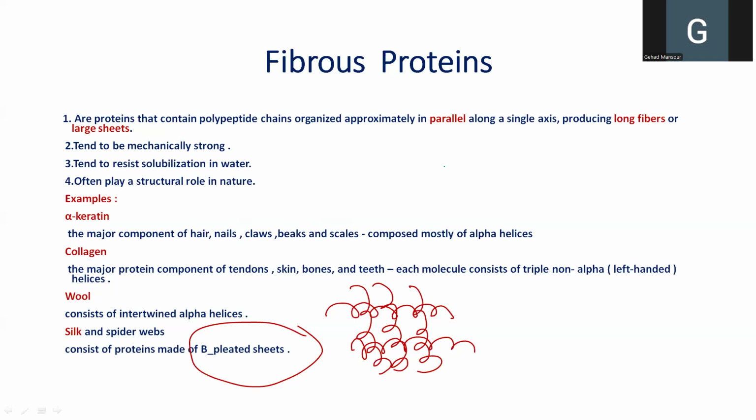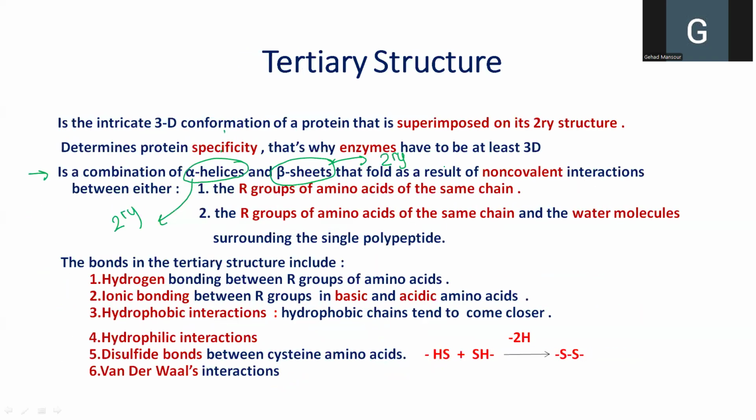So in the famous proteins, we never had alpha helices and beta sheets together. So I had to explain this because the wording is a bit ambiguous. So you start by an alpha helix and you further fold it into the tertiary structure, or you start by a beta sheet and you further fold it into a tertiary structure.